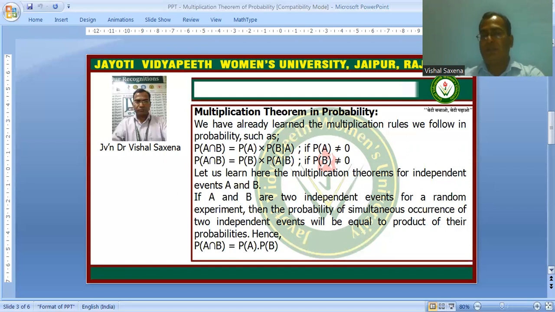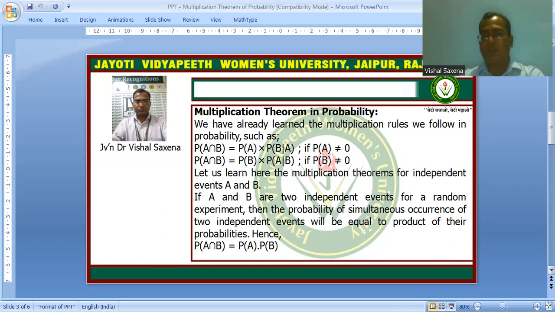These two results are obtained from the concept of conditional probability, P(B given A) and P(A given B) respectively. P(B given A) is the conditional probability of event B when event A has already occurred.